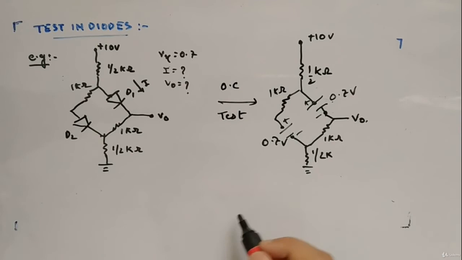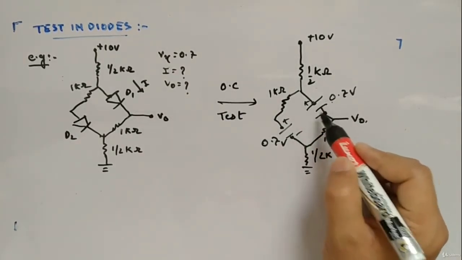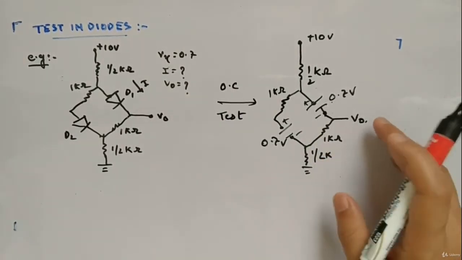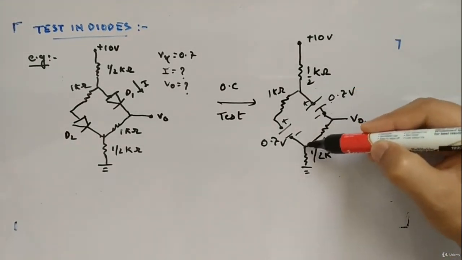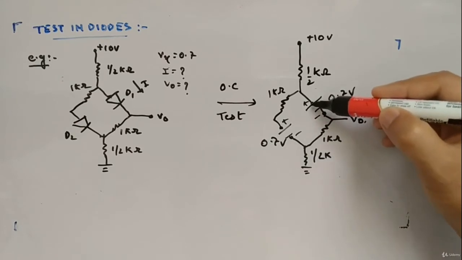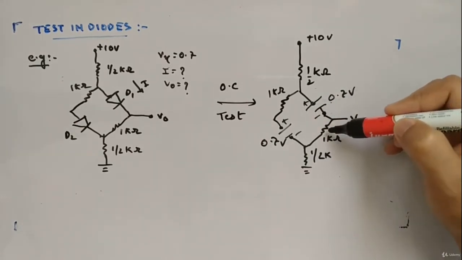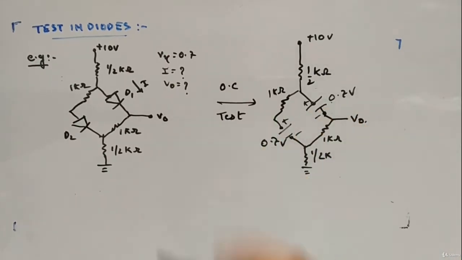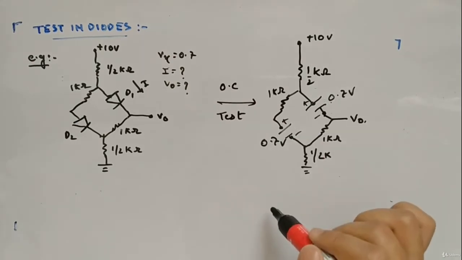Okay, so now you got the point, so you can calculate the current. Which way should we do it? One thing you can see here: if you ignore this line V0, this branch consists of one positive-negative 0.7 volt and 1 kilo ohm, which is the same as this branch, 1 kilo ohm and positive-negative 0.7 volt.